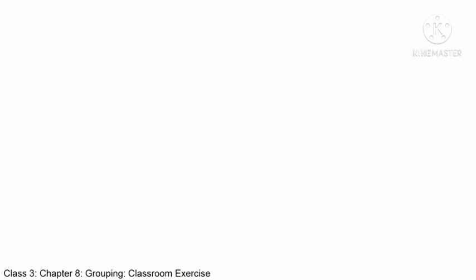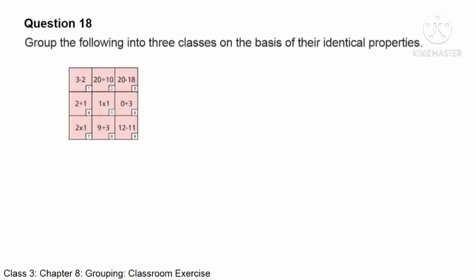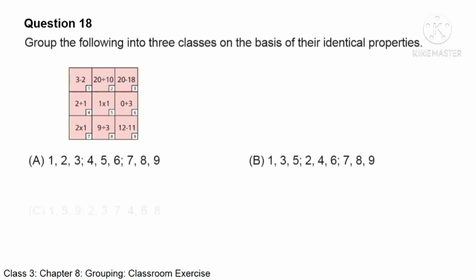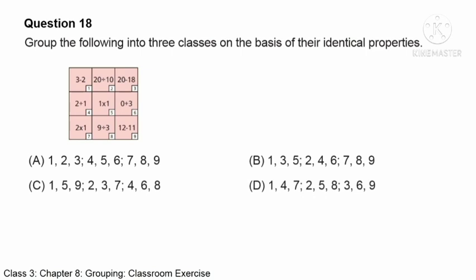In this example, group the following into 3 classes on the basis of their identical properties. Is it option A, B, C, or D?